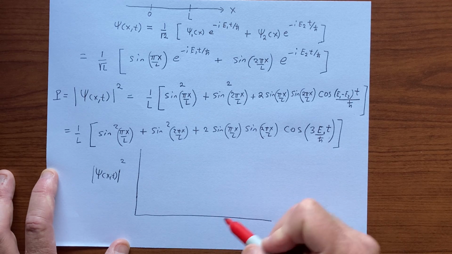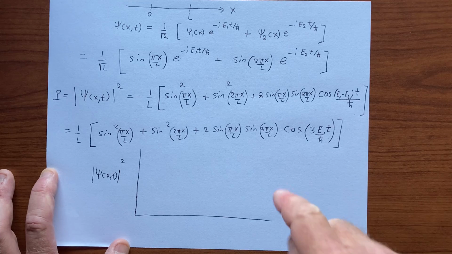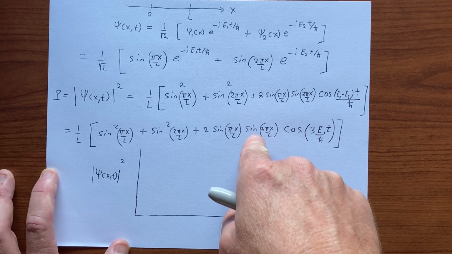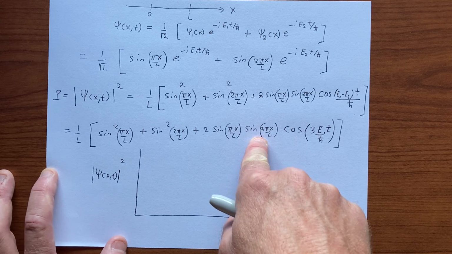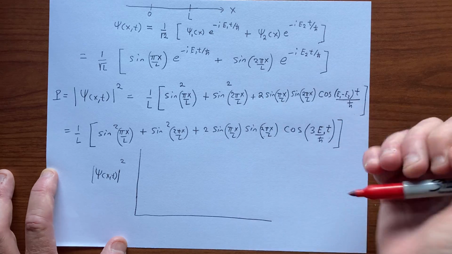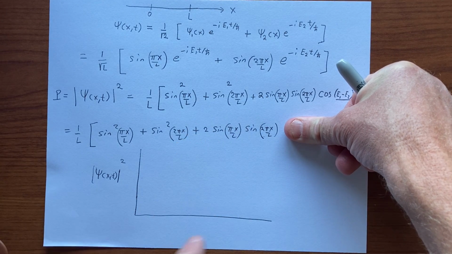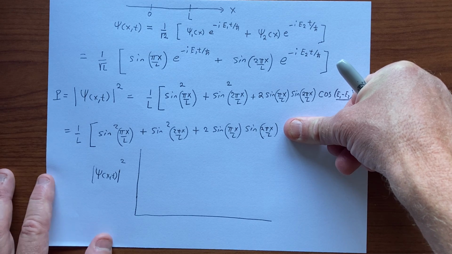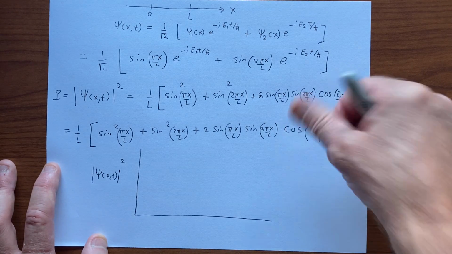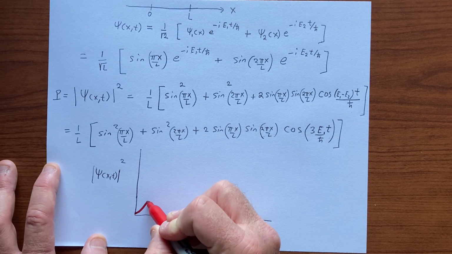And so the second half is negative, and so we're multiplying something that's always positive by something that is negative on the second part of the well, and so that will produce a negative sign in this term. So we're subtracting from this on the second half of the well between L over 2 and L, and so the function ends up looking something like this.